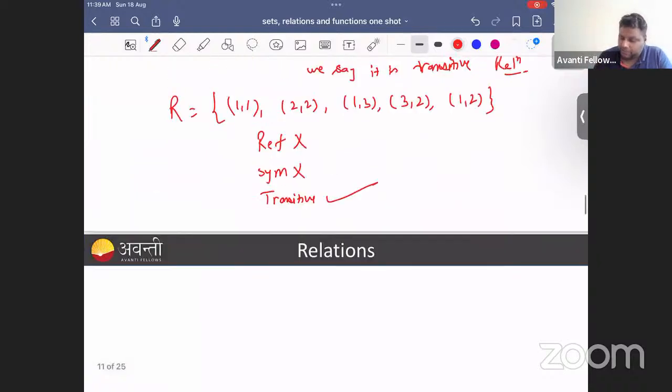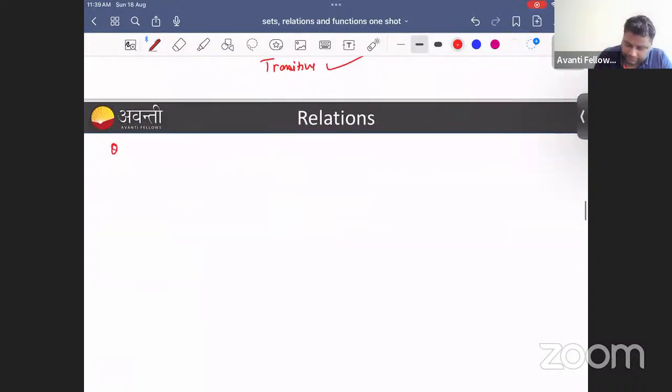Now let us see a simple question over it. A is the set of all triangles in a plane. In a plane, as many triangles can be there. A is that.